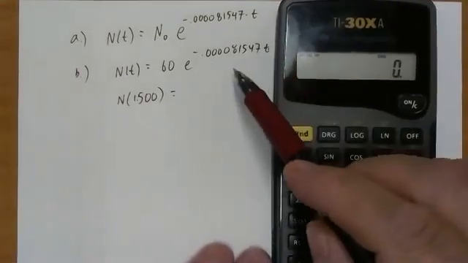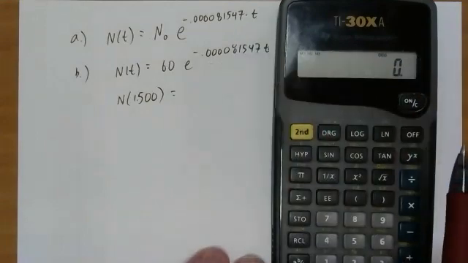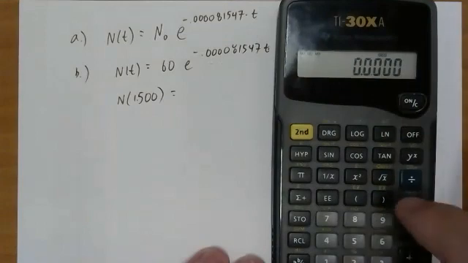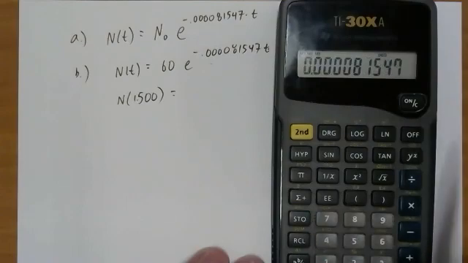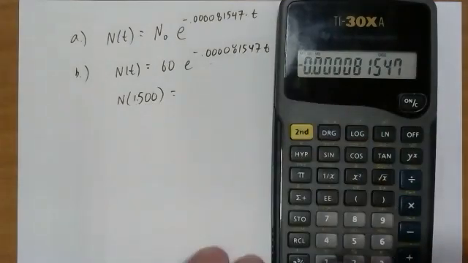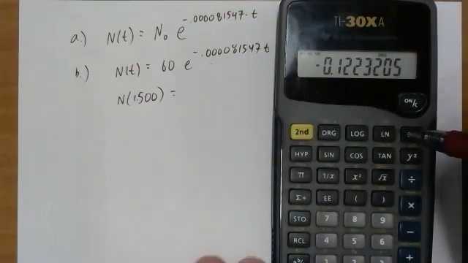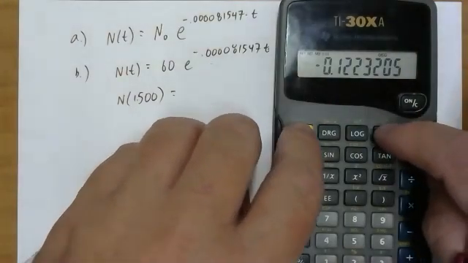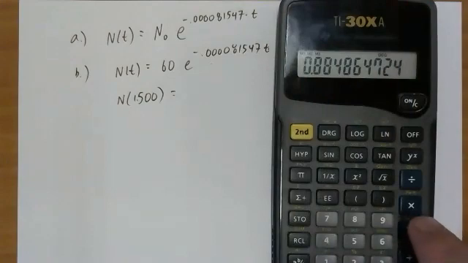So I'm going to start with, I'll type in this big long constant. It's 0.00081547, and it's negative. Now it's times t, and t is going to be 1500 years. So times 1500. So this is now my exponent. So for me, I can hit these buttons and have it calculate that as an exponent. So now this is going to be multiplied by 60.